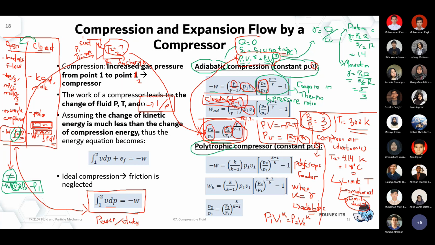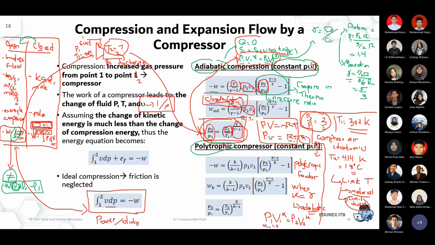If you find that information, then just use K as 1.2 for the actual gas compression. Or if it's stated that the polytropic factor is 1.5, then simply use 1.5 as K instead of Cp per Cv.